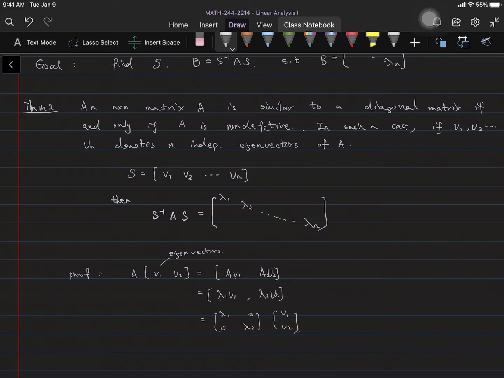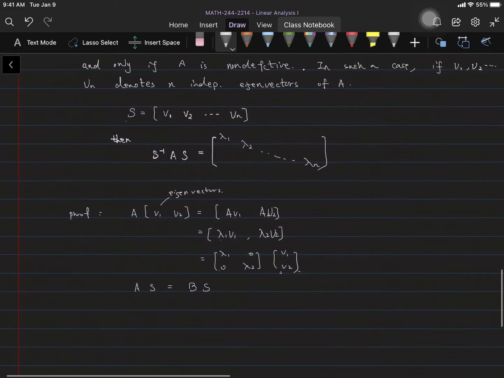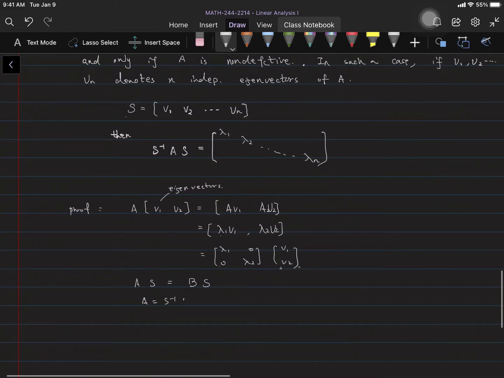Let's take a look. Is that true? The first component is going to be the product of this row times this column, which is just lambda 1 v1, right? And the second is going to be lambda 2 v2. So actually you can see this is like A S equals S B, and this matrix is the S, because of how we make S. So A just equals S B S inverse.